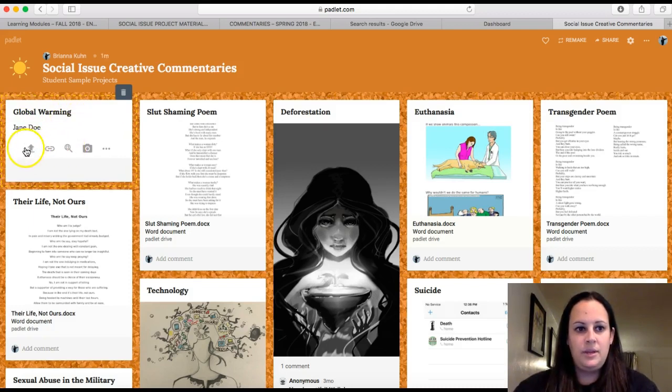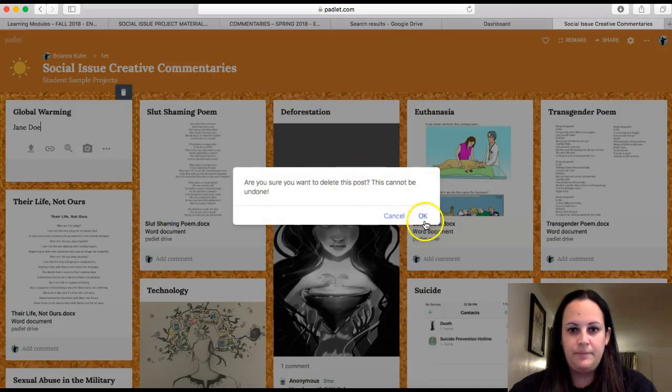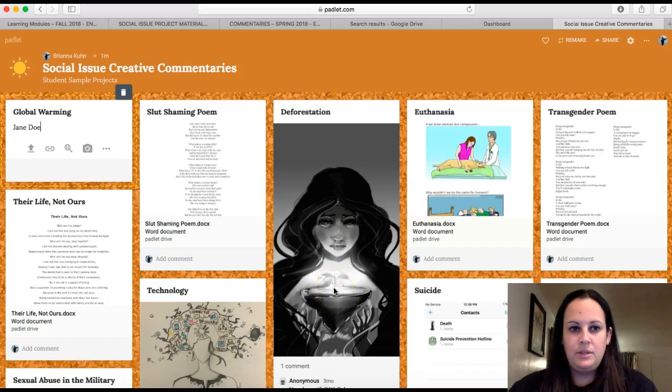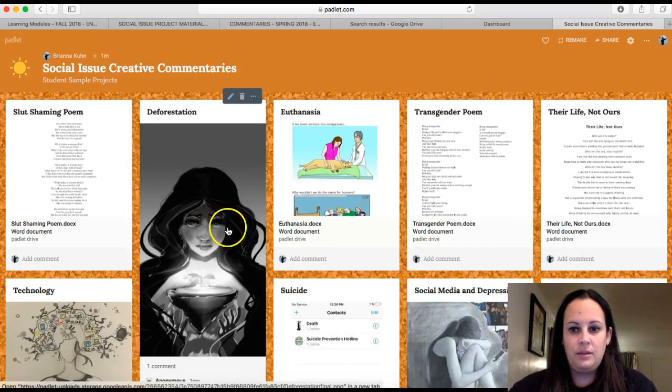Then you can either upload a Word document or any kind of document, or you can attach a link, whatever your creative commentary ends up being. And that's it. Once it's there, it's there. If you are unhappy with your post, you can just hit delete. Okay, so I want you to submit to the Padlet and also to Blackboard.